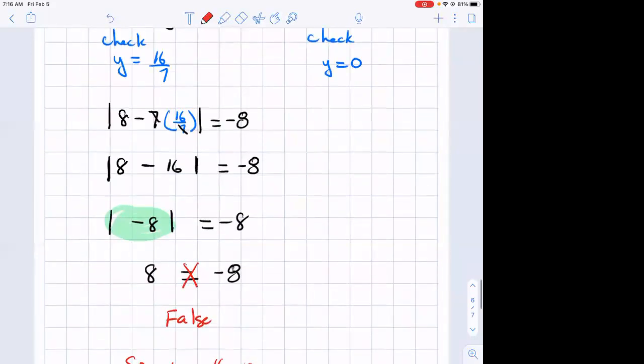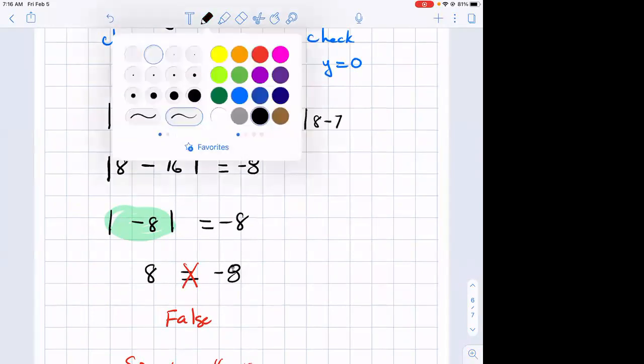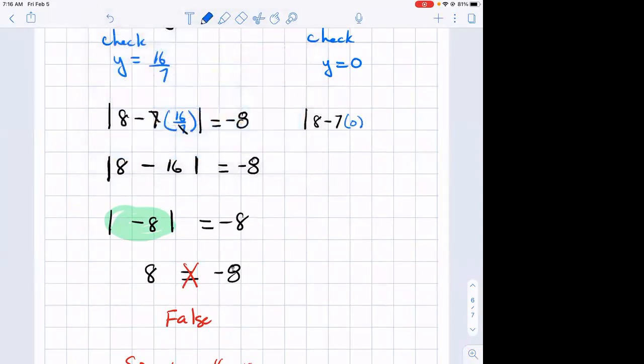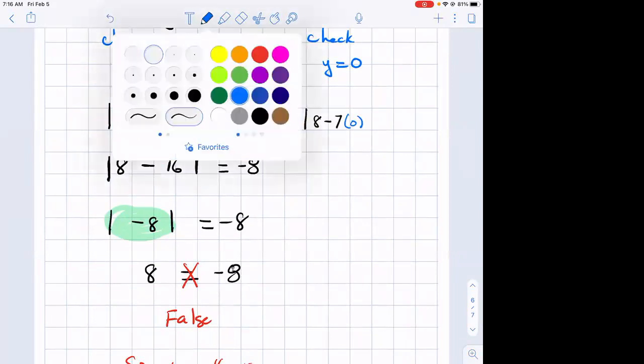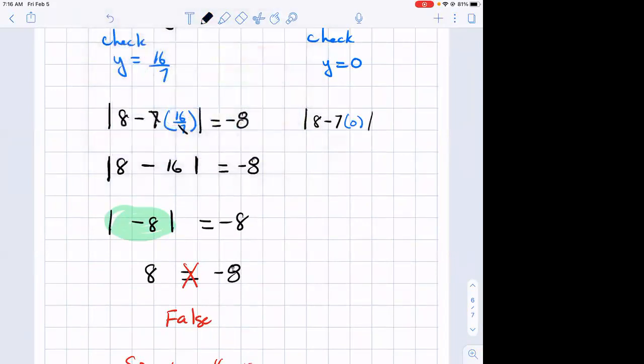Now, if we check the other side of this, let's see what happens. The absolute value of 8 minus 7, we're going to replace y with 0, is equal to negative 8.